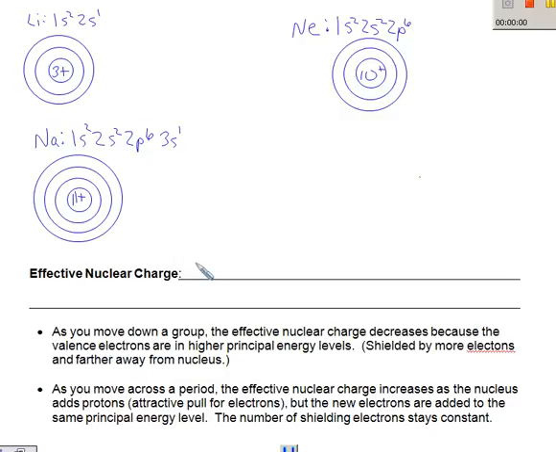The effective nuclear charge is the positive charge or attraction that the valence electrons feel for the nucleus.